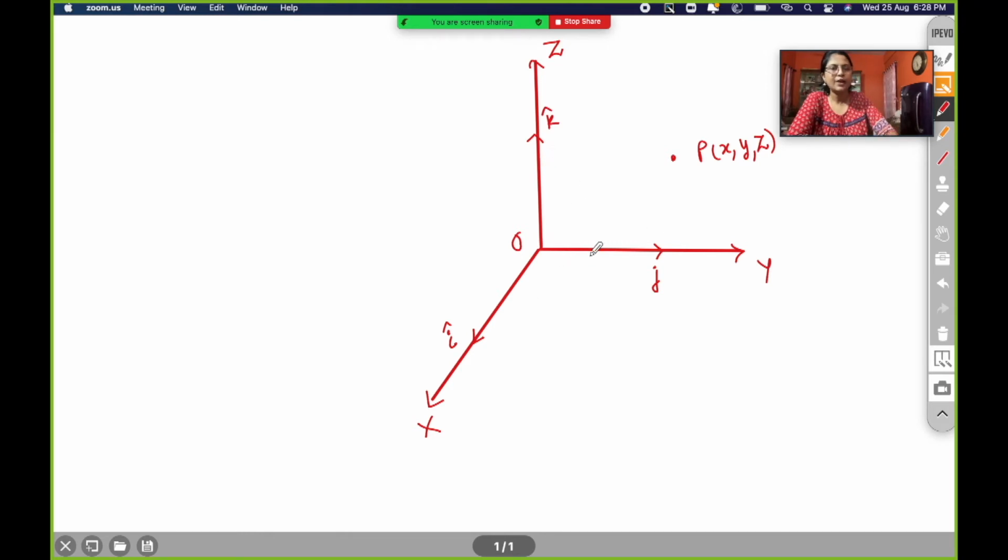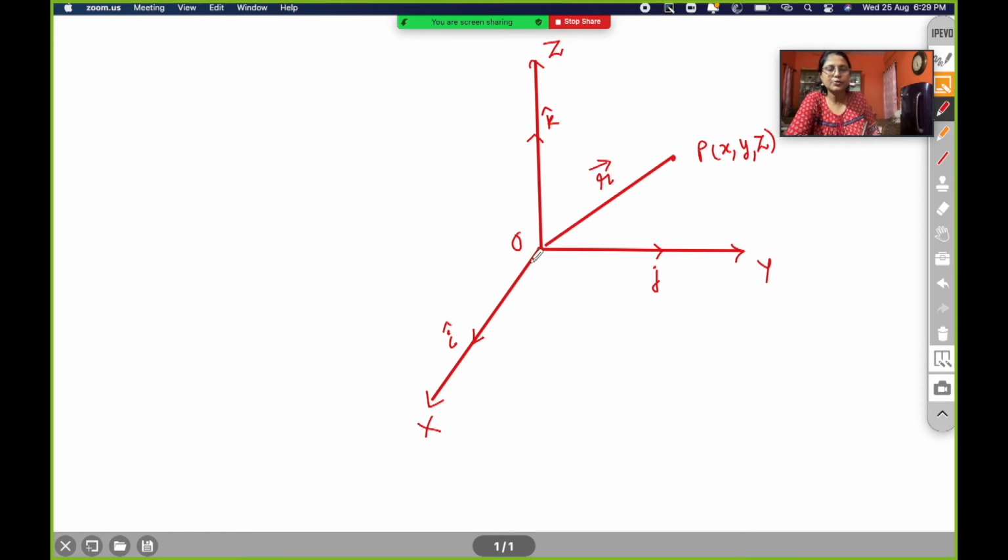Now if I join OP, I will get the position vector of P with respect to the origin O, and let it be vector r. So this is vector r here.